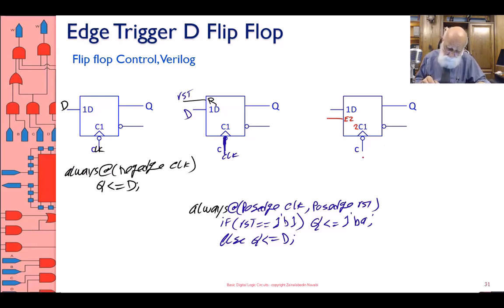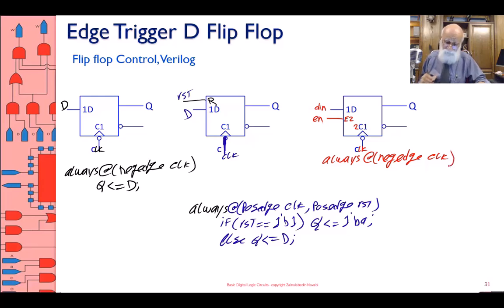It works like this: always at the pos edge of clock. I'm calling this one CLK. I'm calling this one DIN. I'm calling this one EN or enable.